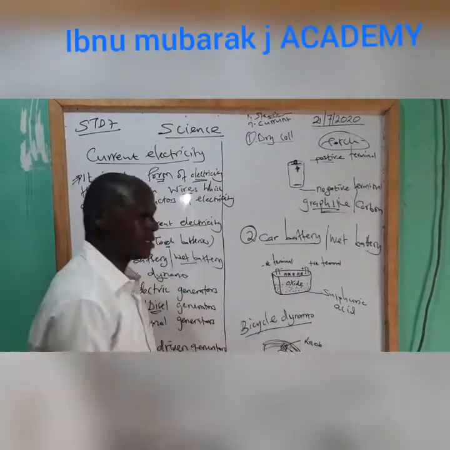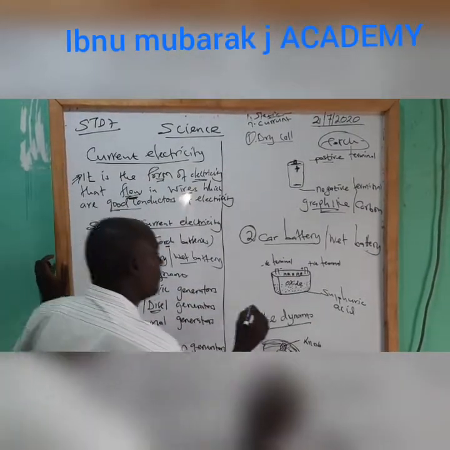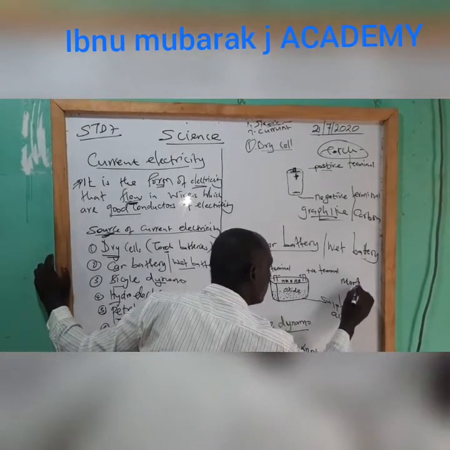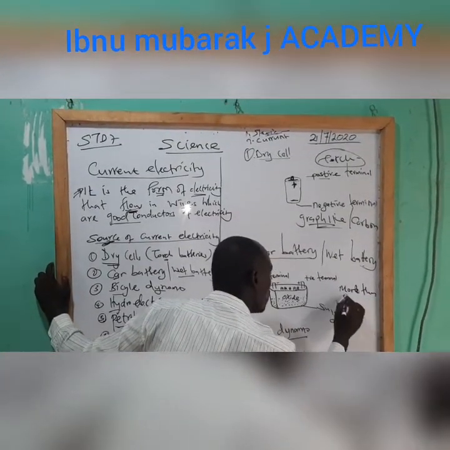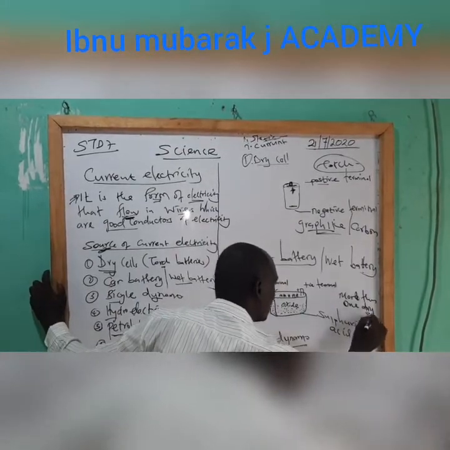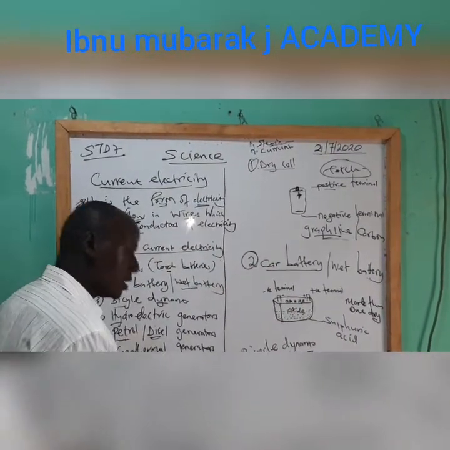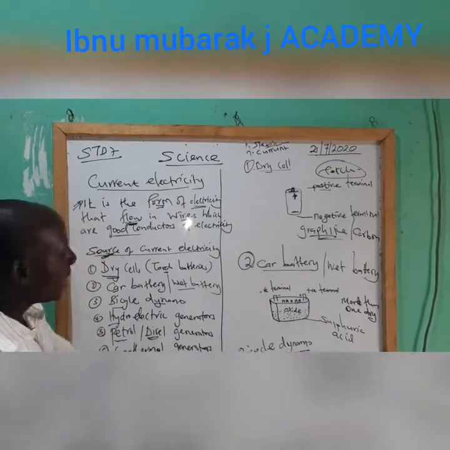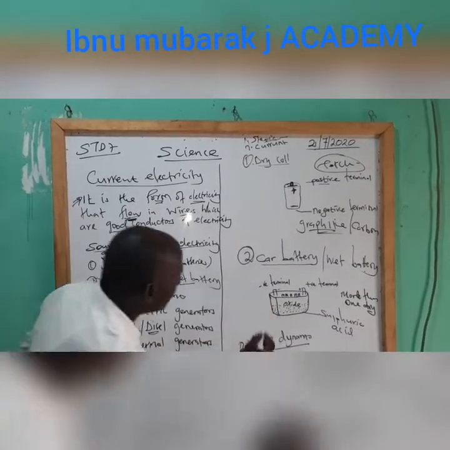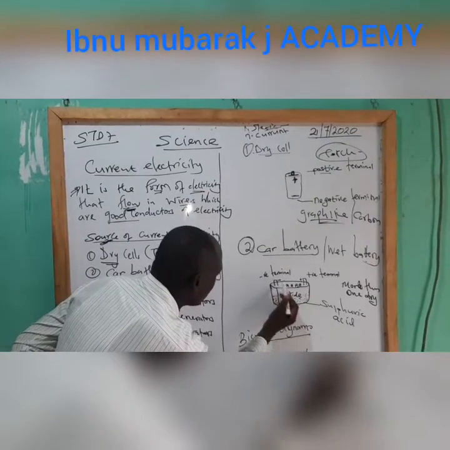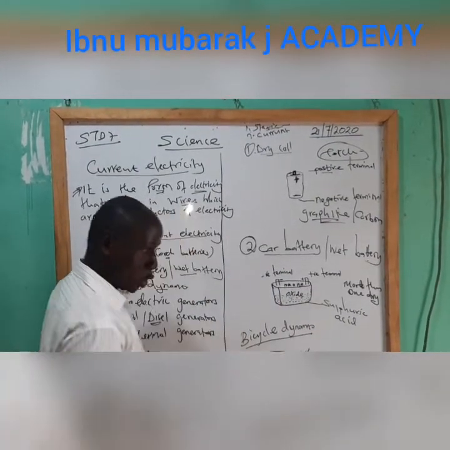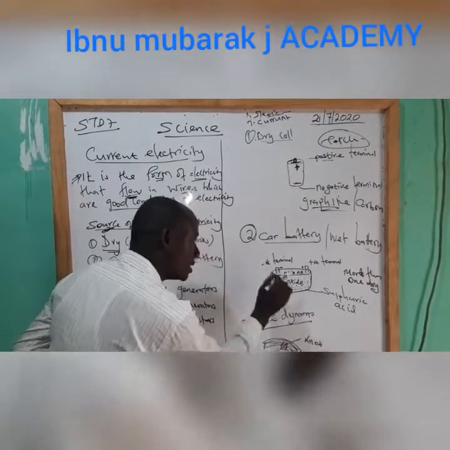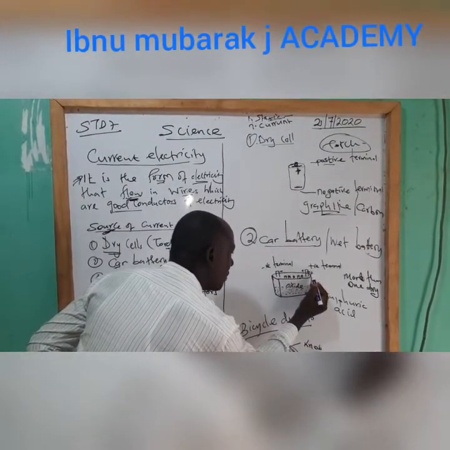These are more than one dry cells joined together to form a car battery. And it has a negative terminal and a positive terminal. If the positive or the negative sign is not there, sometimes they indicate it by red.